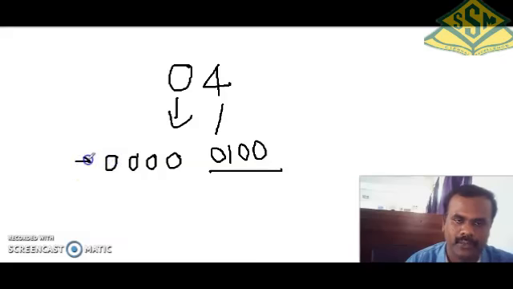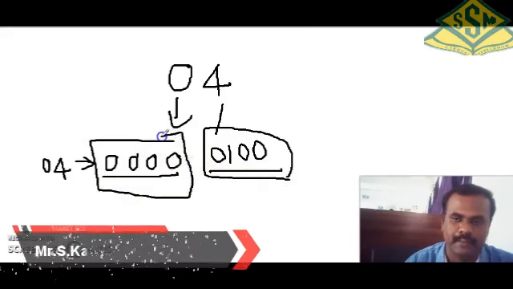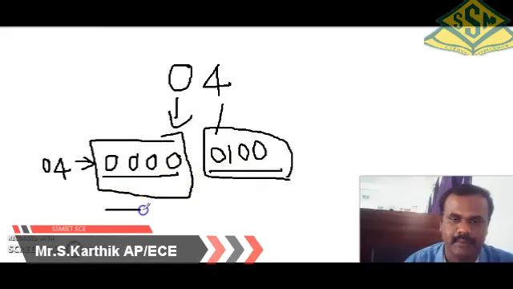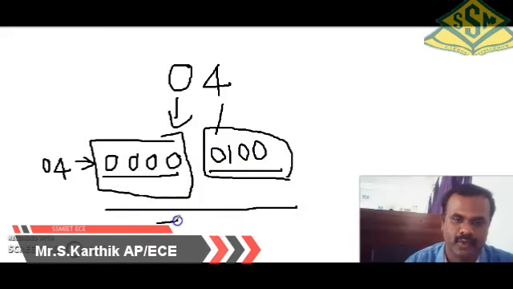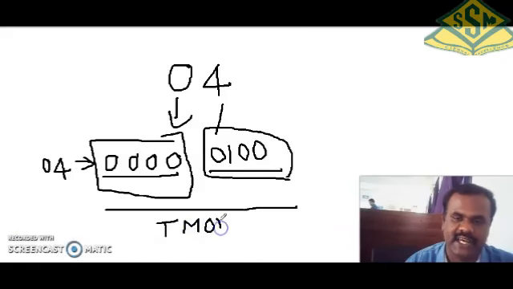The 04 hexadecimal value is an 8-bit value, made of 4 bits and 4 bits. The first 4 bits are located at the timer 0 value, and the next 4 bits are filled with the timer 1 values. These are the timer mode selections. We apply the data 04 to the timer mode selection register.